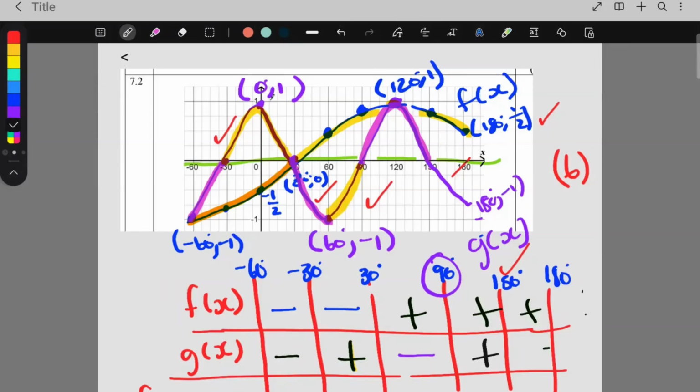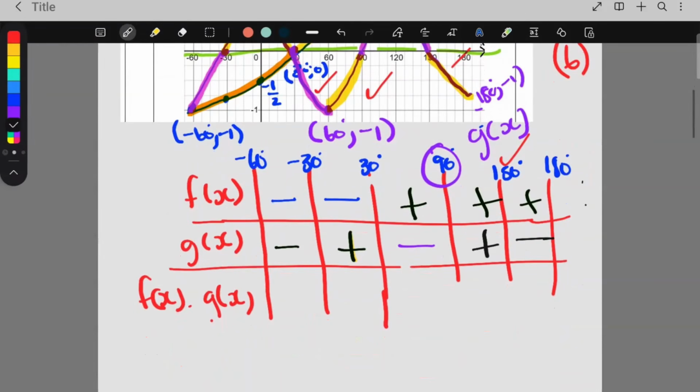And then from 150 to 180, that last part over there, it's below. So this is below.